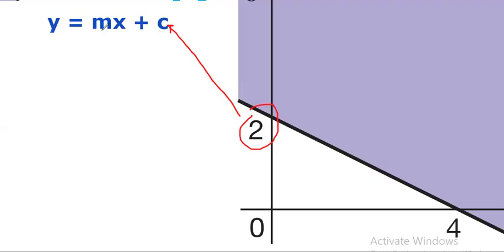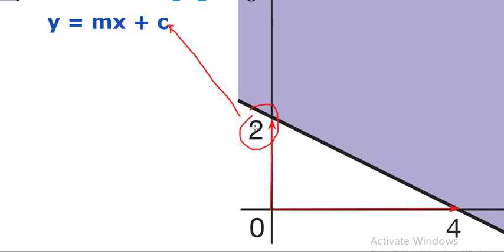And then to describe the gradient, you have to follow the rise over run rule. So gradient will equal rise over run. Now the rise is what here? The rise is the vertical line starting from here, which is 2, and the run is the horizontal line starting from here, which is 4.